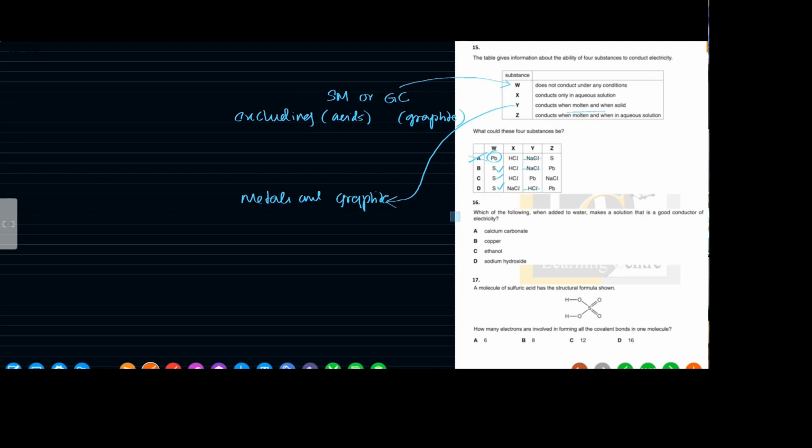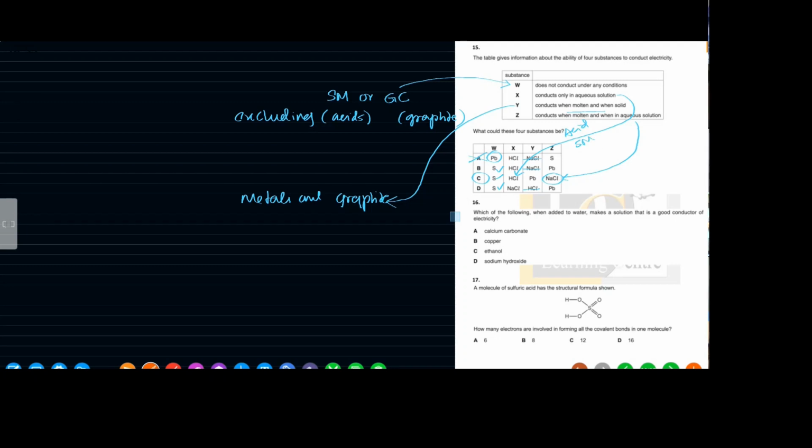HCl is out, then I am isolating my answer C. So see, we didn't even look at X and Z. From W and Y we found the answer. That's the art of doing MCQs, right? Okay, but anyway, we can check the others as well. Conducts when molten and aqueous: sodium chloride, it's agreed. And what is actually only conducting in aqueous solution? Simple molecular acids.